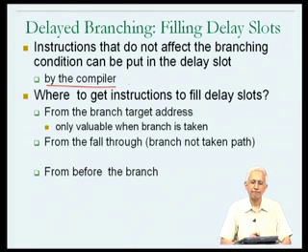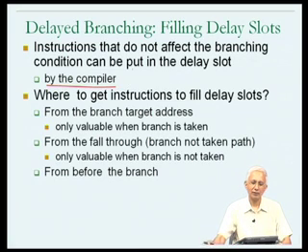Now, the first idea, moving the first instruction from the branch target address into the branch delay slot, clearly will be a good thing to do for all cases where the branch is taken, because we know that if the branch is taken, then the instruction which is going to be executed after the branch is the instruction at the branch target address, and therefore moving that instruction into the branch delay slot where it will be executed anyway is beneficial.